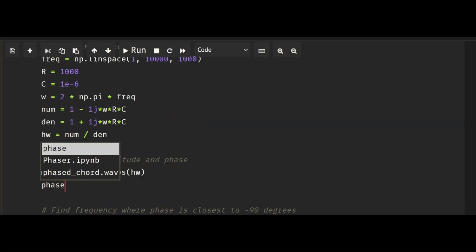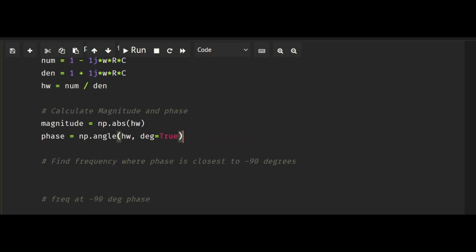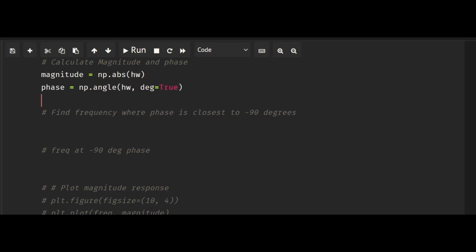And the phase of a complex number is calculated like this. So we pass on this complex function, and we want the output in degrees. So let me just say deg equals True. So this way we are able to create the magnitude and phases.